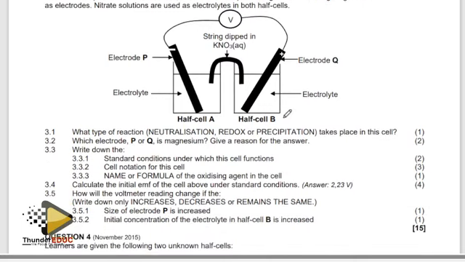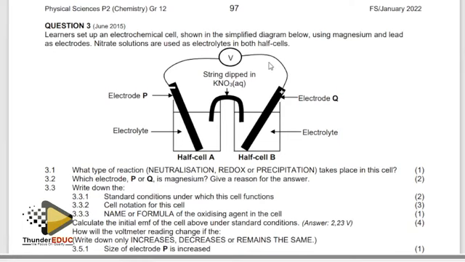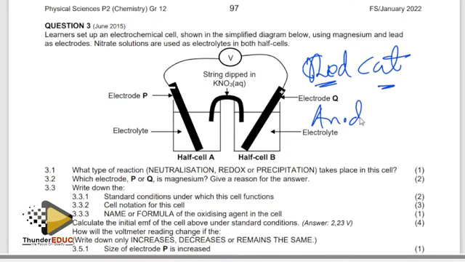Which one do we put on the cathode? Which one do we put on the anode? Don't forget that. Use RED CAT: reduction at the cathode, and AN OX, which means oxidation at the anode.